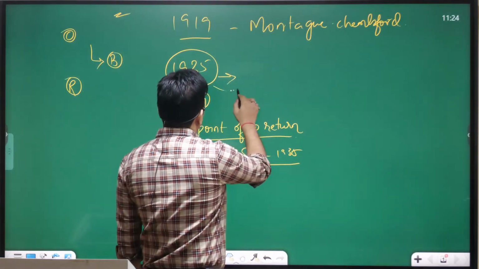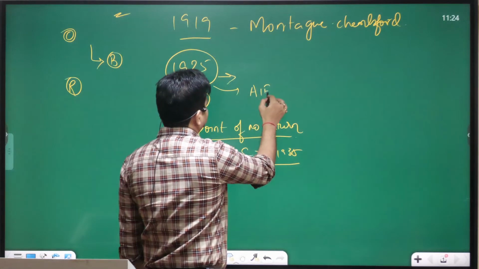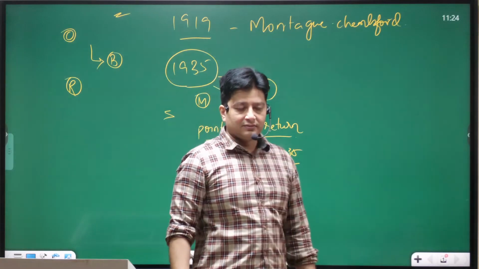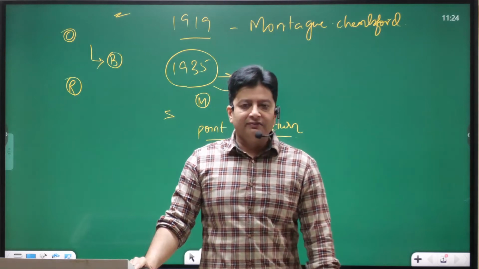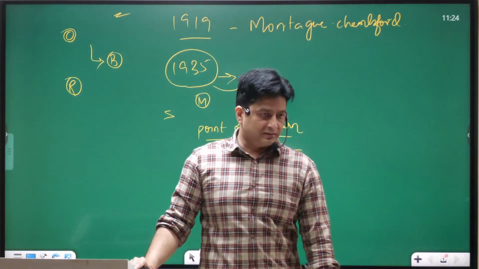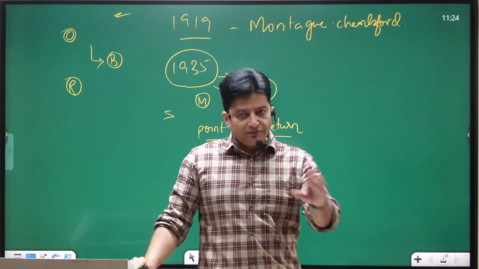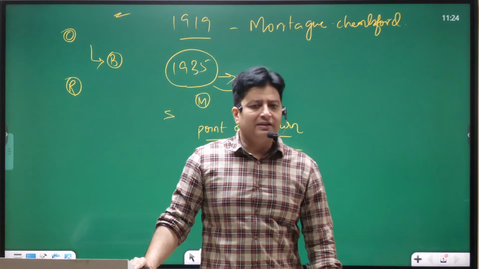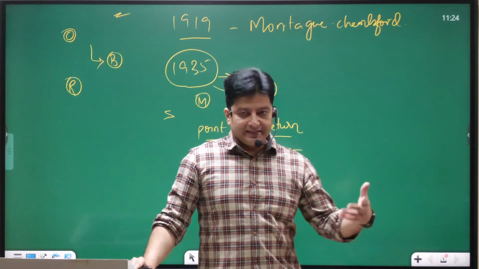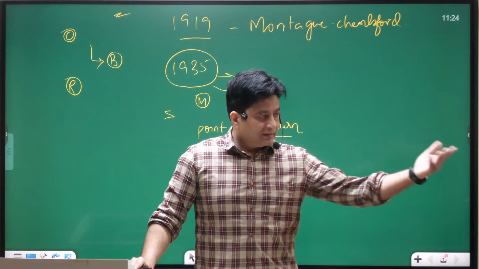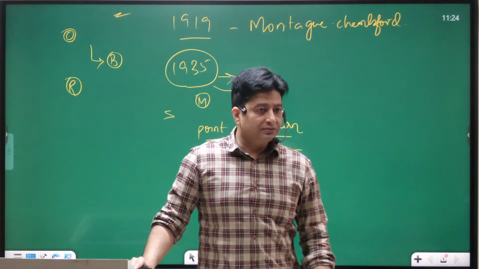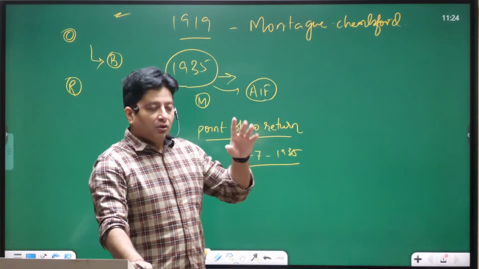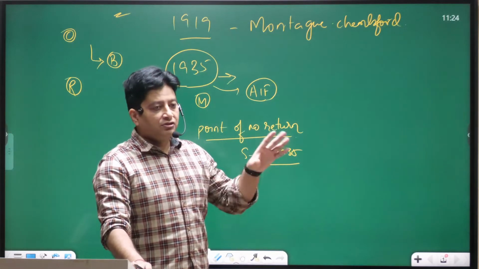Then in 1935 All India Federation was introduced. It is another thing that All India Federation could not come into existence because all the provinces did not join the center. All India Federation simply means all the states today are connected to the parliament today. But that time all the provinces did not join.